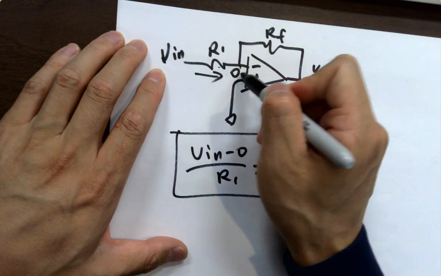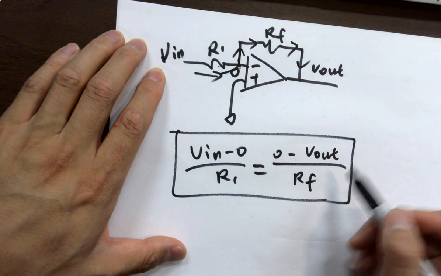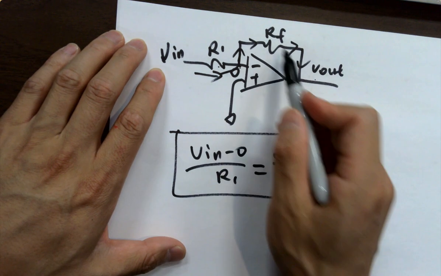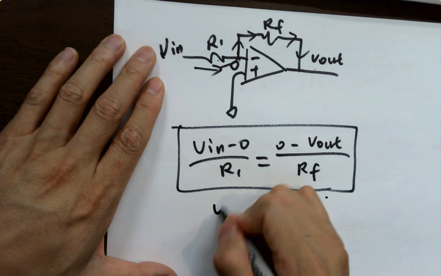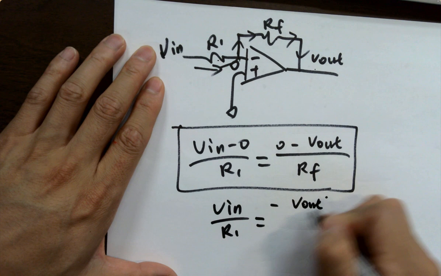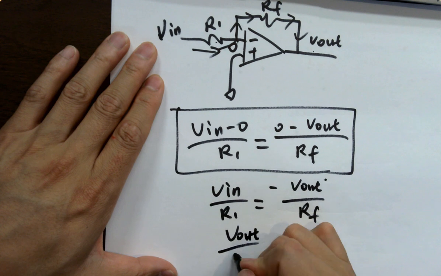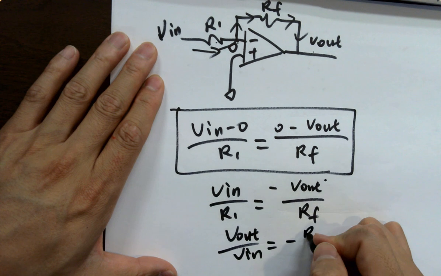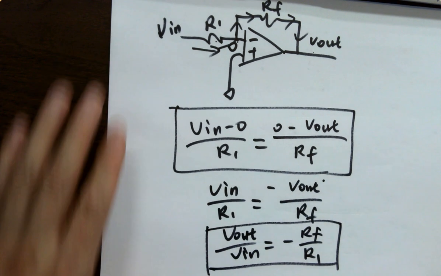It's giving you this current. It's not going into the triangle, so it's going to go up and reach Vout. So then you use (0 minus Vout) over RF. You're getting this. So simplify it: Vin over R1 equals minus Vout over RF. So Vout over Vin becomes negative RF over R1. Super important conclusion here.